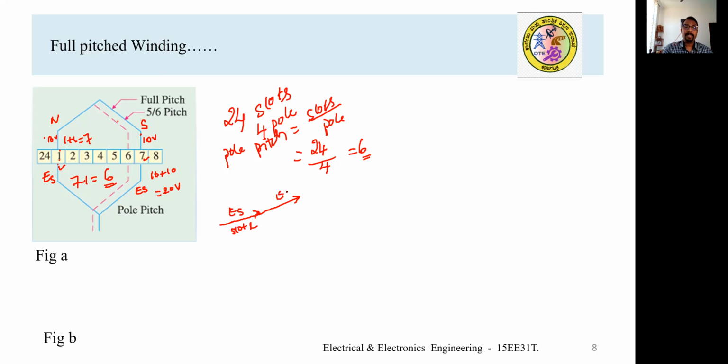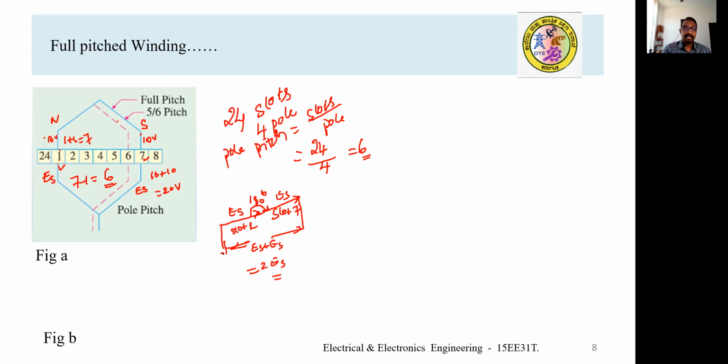Why is it in the same line? Because the angle is 180 electrical degrees, so both come in the same line. Then the total induced voltage is the arithmetic sum, ES plus ES, which is equal to 2 times the induced voltage. So this is the concept regarding full pitched winding.